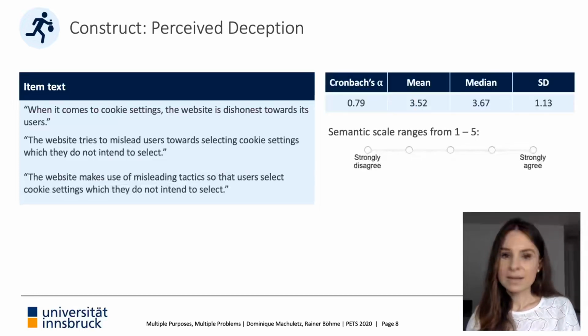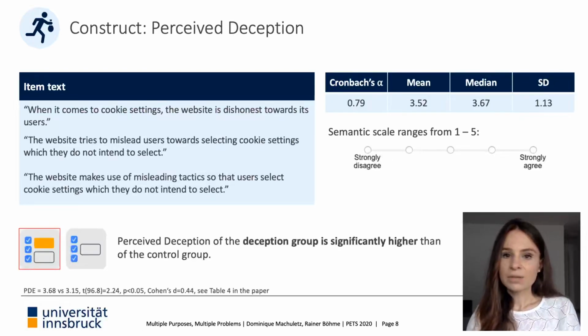All items were assessed on a semantic scale ranging from 1 to 5, which indicates participants' level of agreement to the statement. Here we find that the perceived deception of the group with the deceptive button is significantly higher than of the control group. This result first establishes users' negative attitudes towards this particular deceptive feature. It closes the gap between the observed behavior and potential legal interpretations.